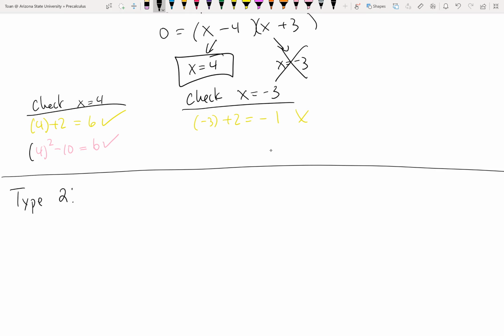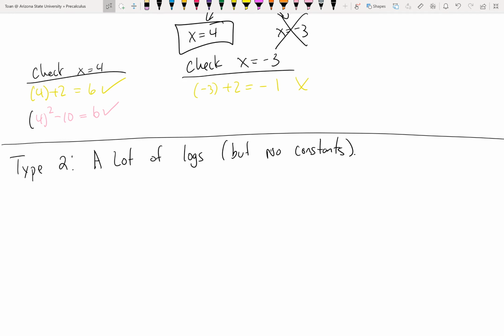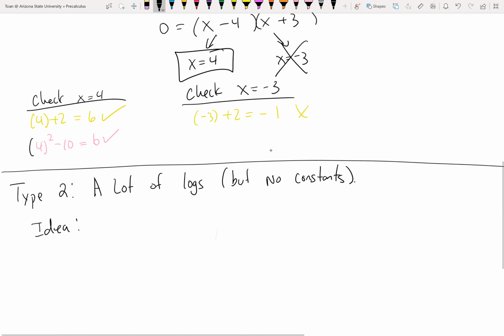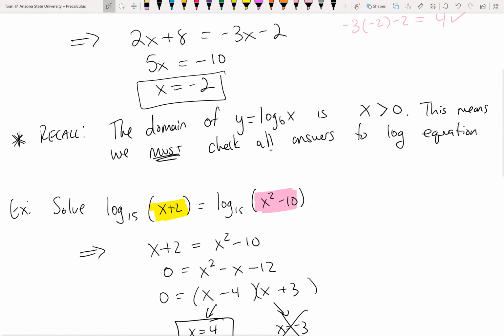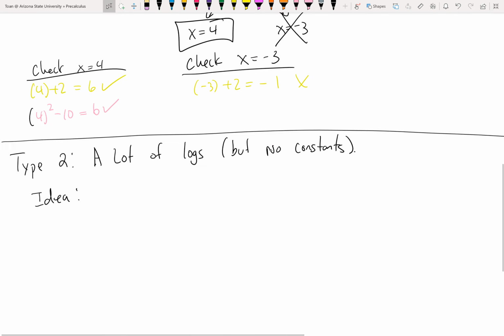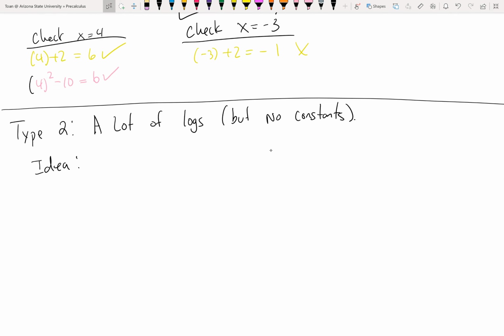These are problems with more than 2 logs, so a lot of logs, but no constants. So you have logs everywhere, but you don't have any loose numbers by itself. Since these problems are nothing but logs, they are sort of the generalized form of type 1 because we have these things called properties.